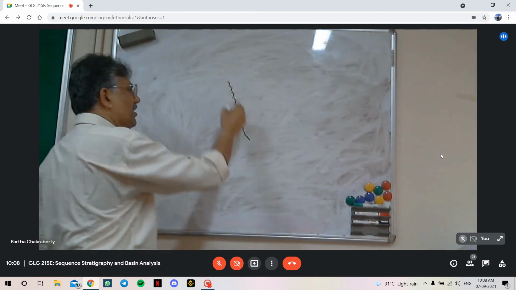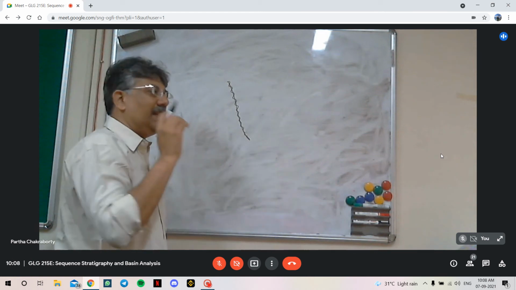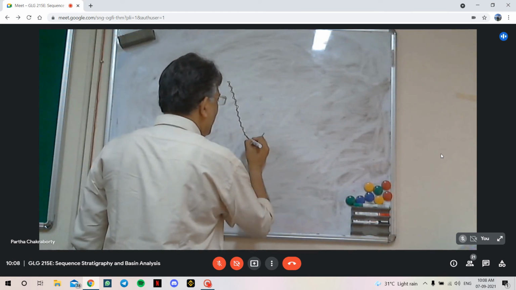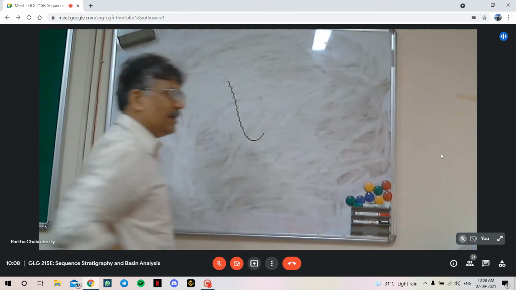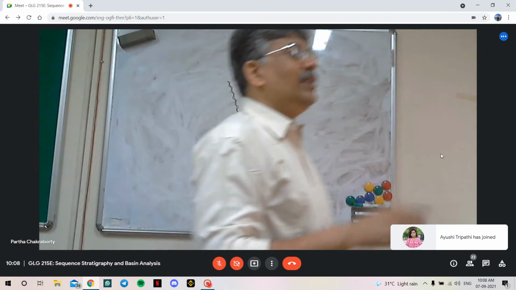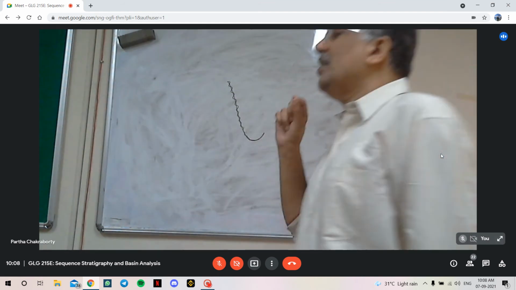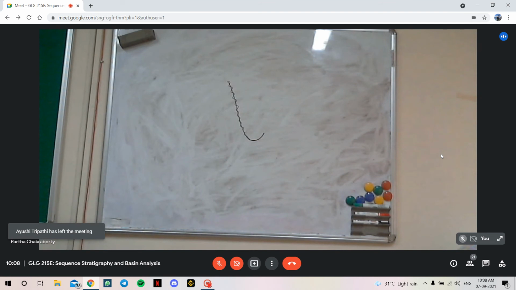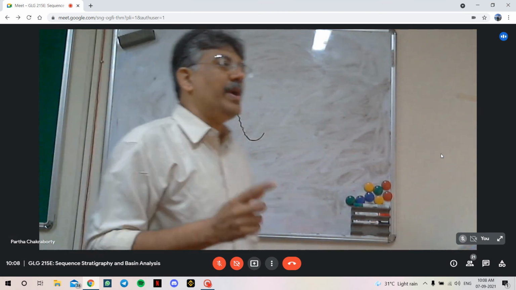Now the sea level will be rising slowly. So what you are getting, if you open that diagram again, is the lowstand delta and lowstand wedge.